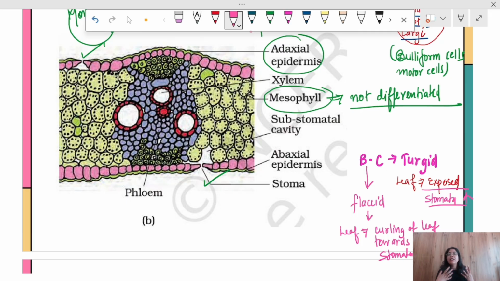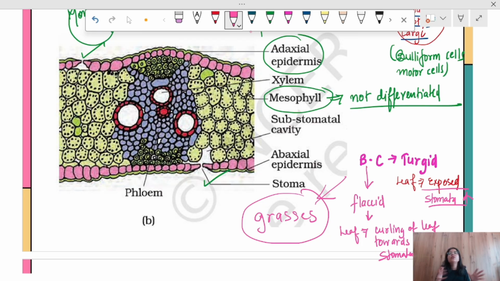And when there is a desiccation condition, when there is very little water, when water scarcity is there, then also the leaves, mostly in grasses, monocots like grasses, have certain cells called bulliform cells, which are modified upper epidermal cells or adaxial epidermal cells.